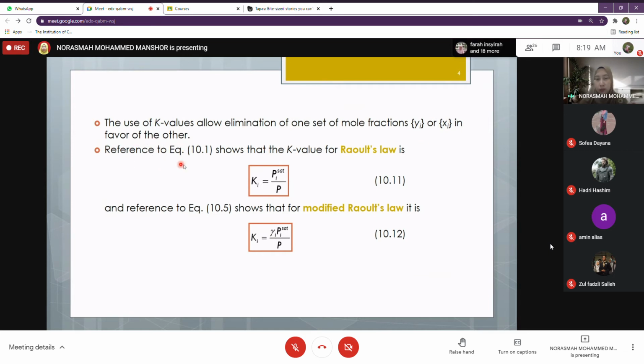From equation 10.1, the K value for Raoult's law is given by Ki equal to Pi sat over P, because from Raoult's law, Yi over Xi is equal to Pi sat over P. For modified Raoult's law, you substitute Yi over Xi equal to gamma i Pi sat over P. Equation 10.11 is for Raoult's law and equation 10.12 for modified Raoult's law.